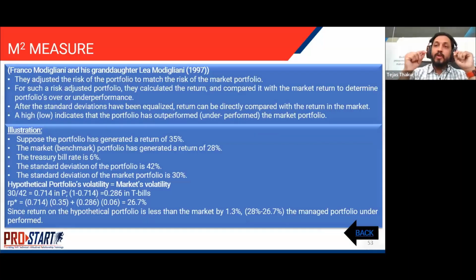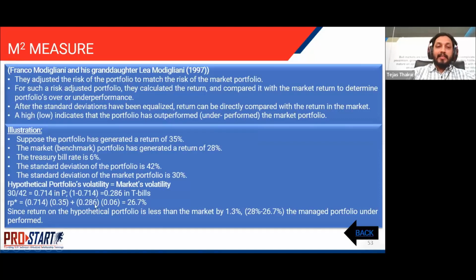And in that scenario, what will be the return that the investor would have got? So in this case, if 71.4% of the money would have gone into the fund manager's portfolio, and the rest of the money would have gone in the risk-free rate, and if I were to calculate the returns that the investor would have got, it comes to 26.7%.